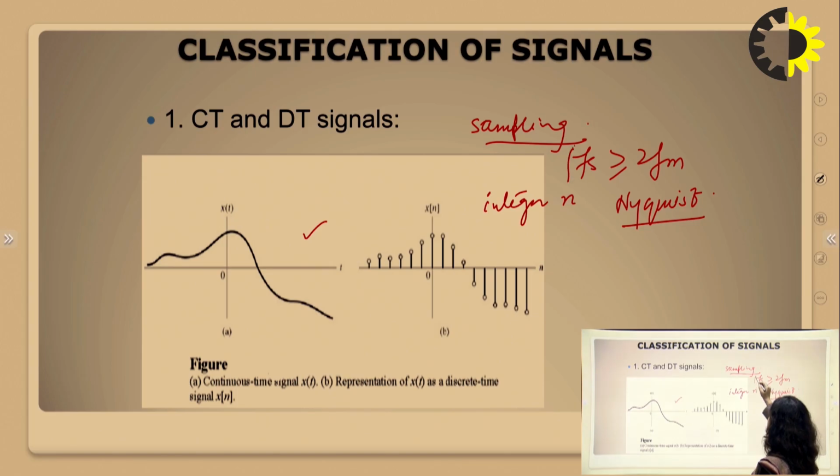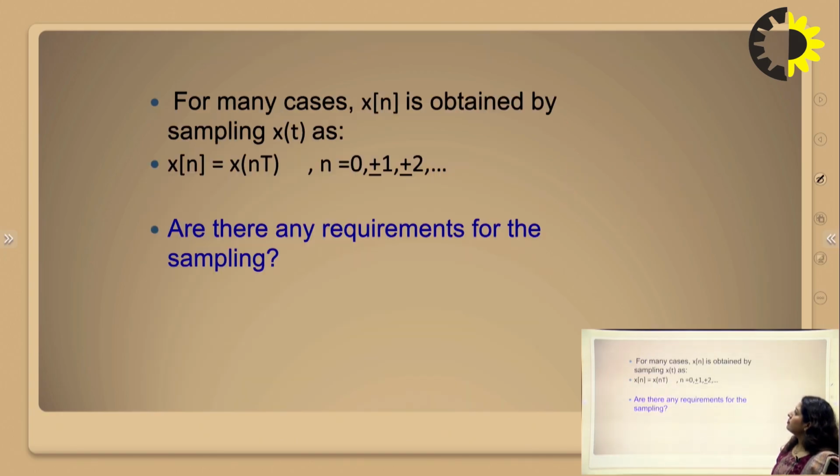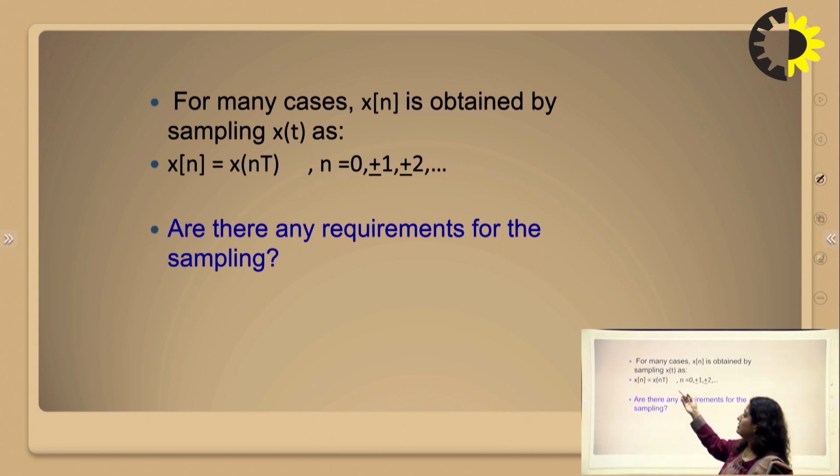By this condition we can sample an analog signal, which is a continuous time signal, to a discrete signal, which has further applications in various audio systems, automatic ranging systems and so on. In many cases x of n is obtained by sampling x of t, that is, x of n is equivalent to x of nT, where n equals 0, plus minus 1, plus minus 2.